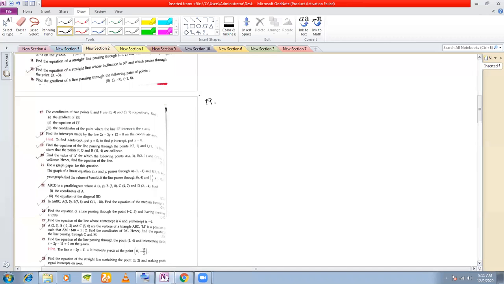The question states: find the equation of the line passing through the points P(5, 1) and Q(1, -1). So, given the line passes through P(5, 1) and Q(1, -1), you need to find the equation of the line passing through these 2 points.